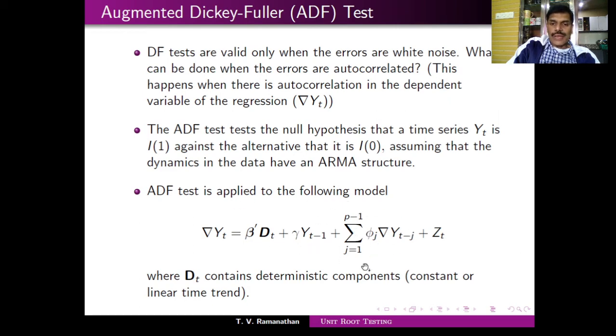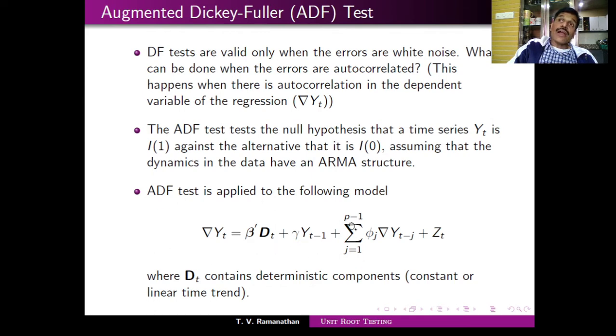What is required is that you need to compute these quantities while doing this regression. So p has to be fixed. There is a need to identify the appropriate p so that all serial correlation is accounted for.